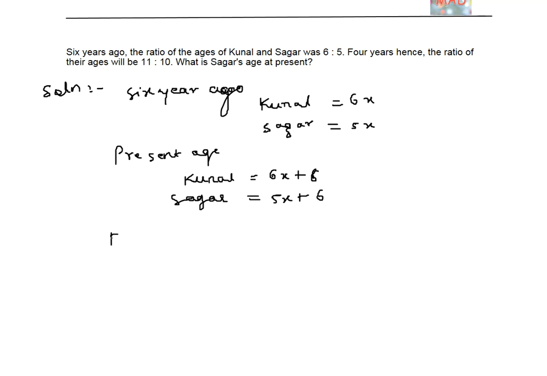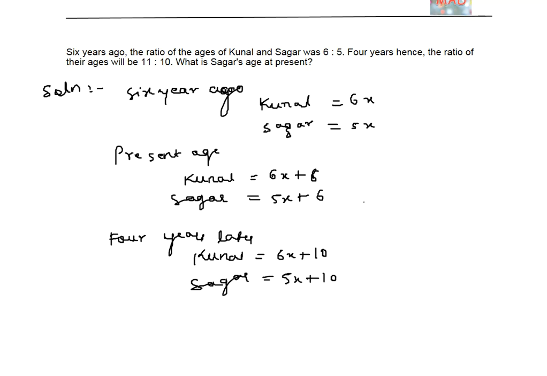4 years later, we have Kunal as 6x plus 6 plus 4, again it is 10, and Sagar's age is 5x plus 10. Again we have a ratio given, so 11:10.